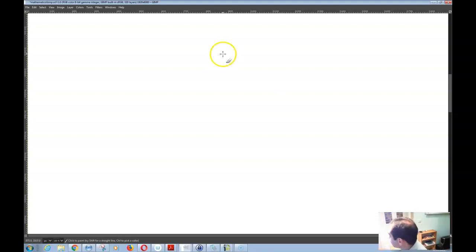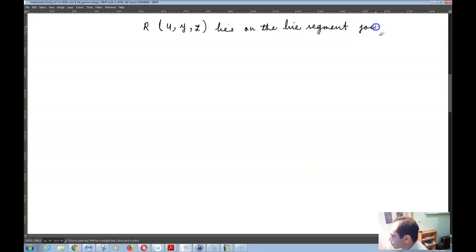So now question number 5: a point R with x coordinate 4 lies on the line segment joining the points P, with coordinates 2, comma, negative 3, comma, 4, and Q with coordinates 8, comma, 0, comma, 10.